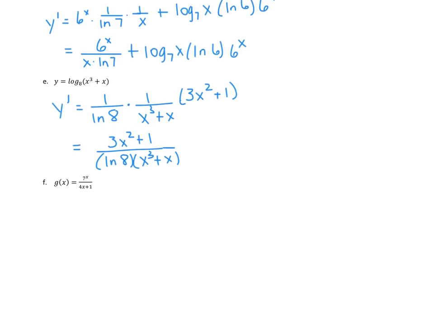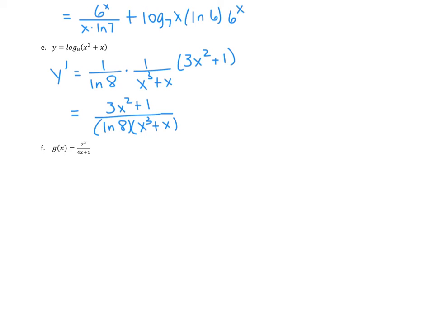Alright, the next example, we have g of x equal to 7 to the x divided by 4x plus 1. So here we have a quotient, so we're going to be using the quotient rule. So our derivative g prime of x then is going to look like, take the denominator, which is 4x plus 1, times the derivative of the numerator.